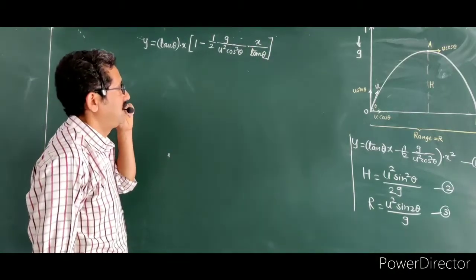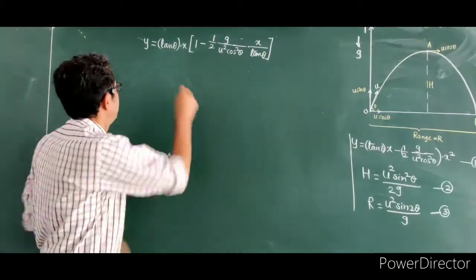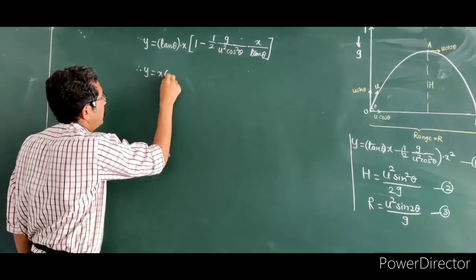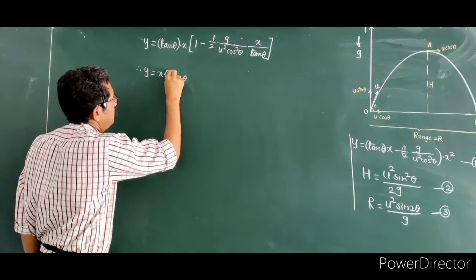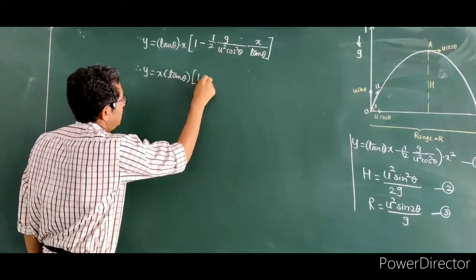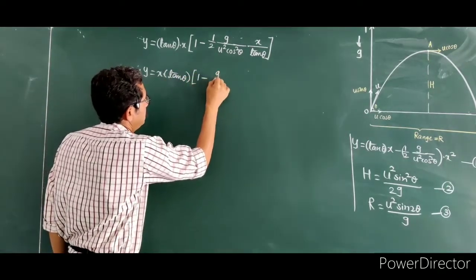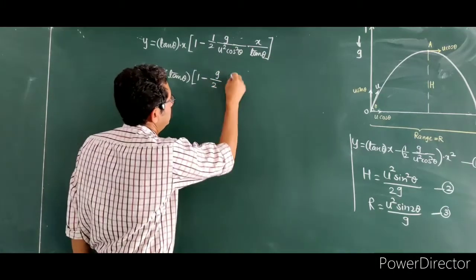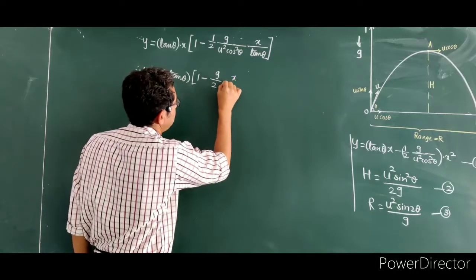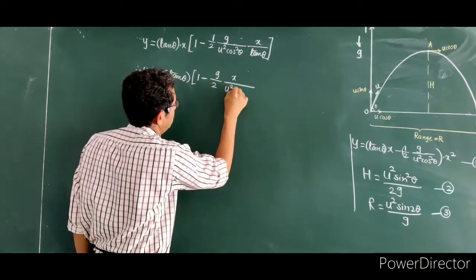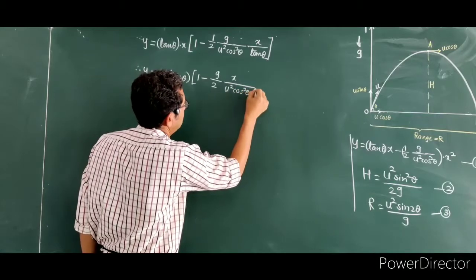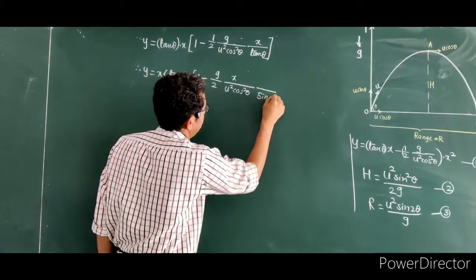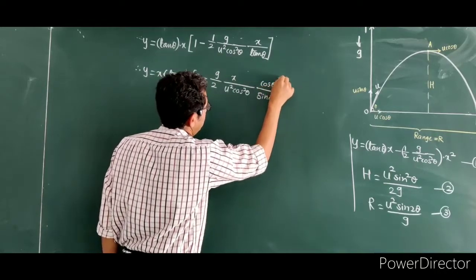Now I'll simplify my term of tan theta here, and I get that therefore y is equal to x into bracket tan of theta. Inside the bracket 1 minus g by 2 into x upon u squared cos squared theta, and here instead of tan theta I would write it as sin theta upon cos theta, which will go upstairs.